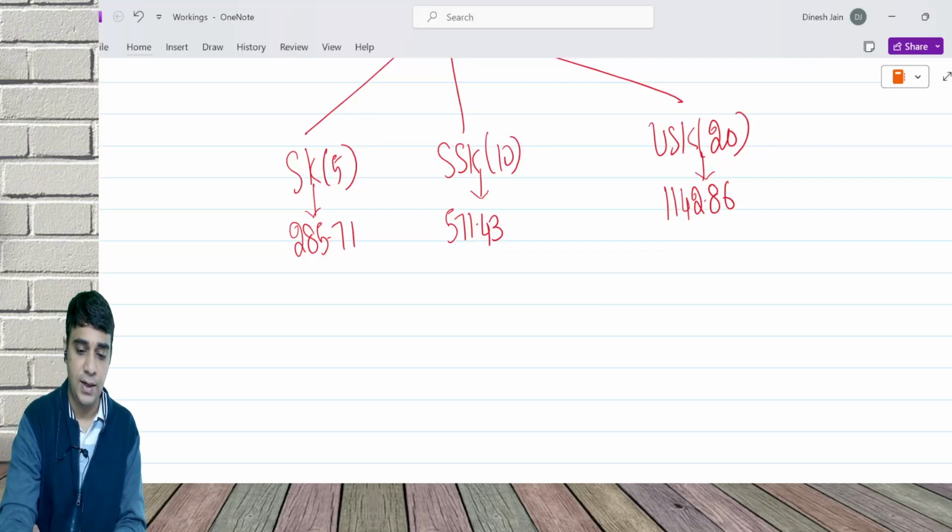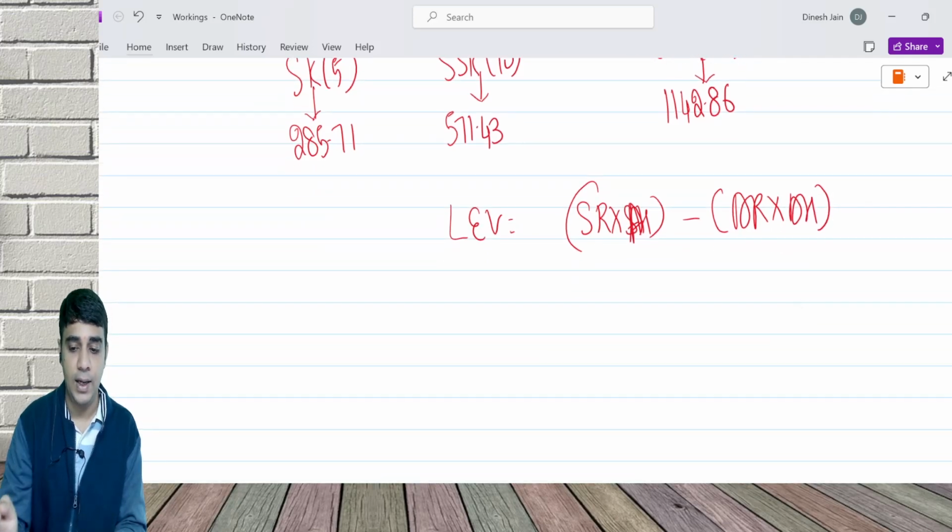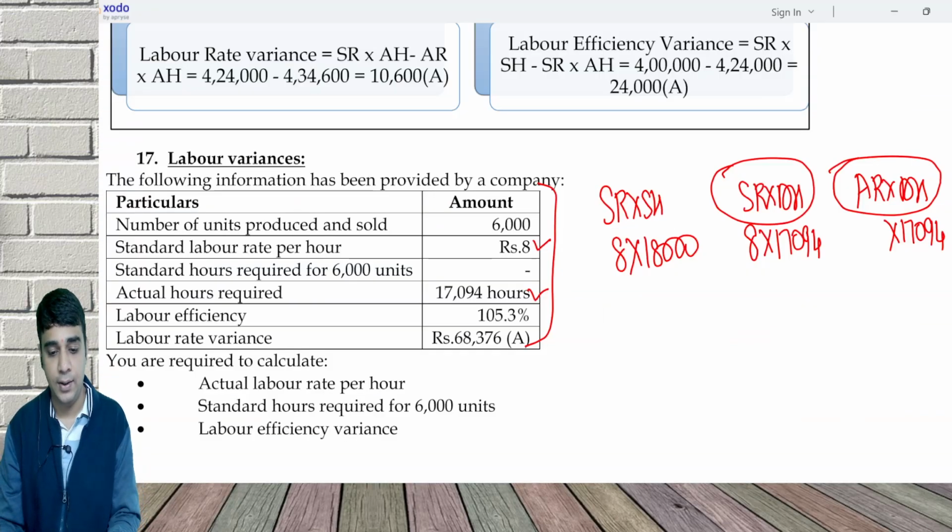Labor rate variance equals SR into AH minus AR into AH.